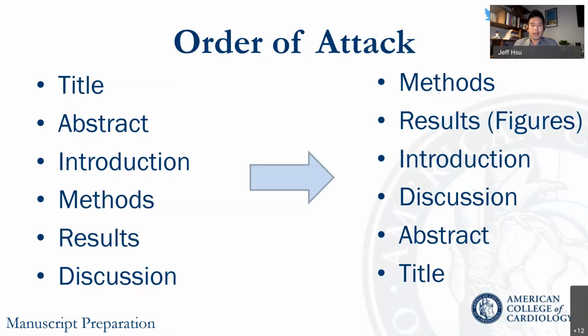I follow this up by working on the intro and discussion, but the abstract and title I tend to work on last. I like writing the abstract after I have the whole manuscript written out already, and I summarize the key points of each section in the abstract to make sure my abstract really represents what I wrote in the manuscript well.